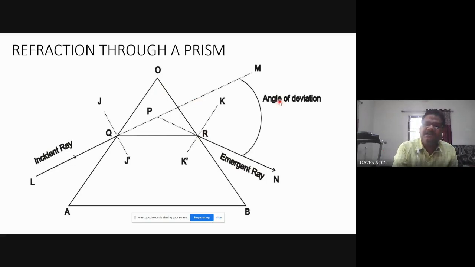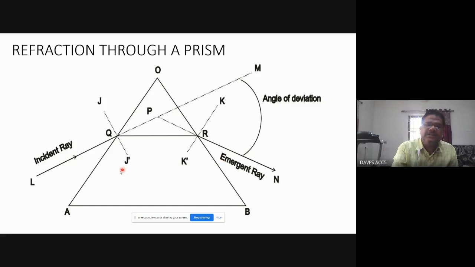What is the angle of deviation? Deviation means the ray of light LQ is supposed to move along this straight line if the prism is not there. As and when the prism is placed, the rays bend and the final ray moves along RN.